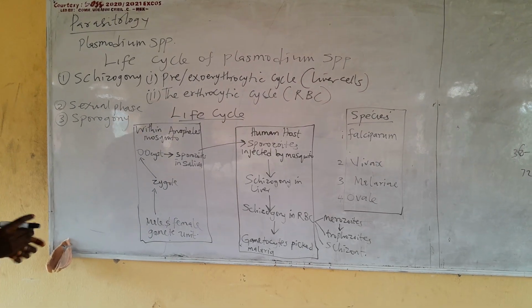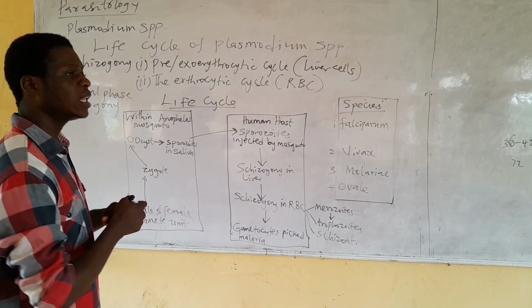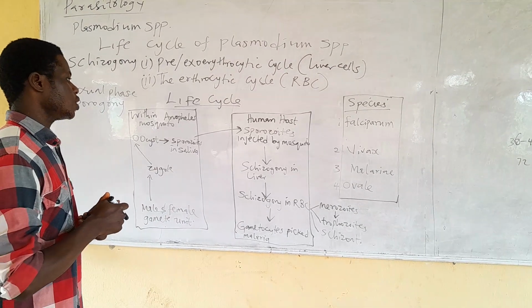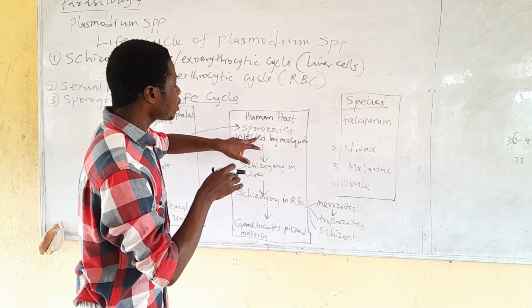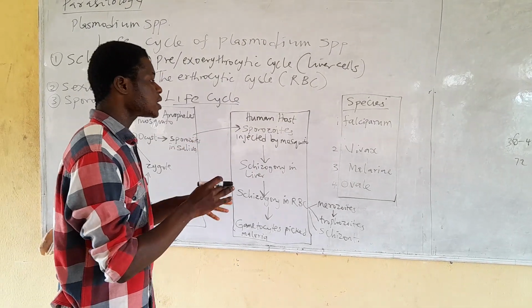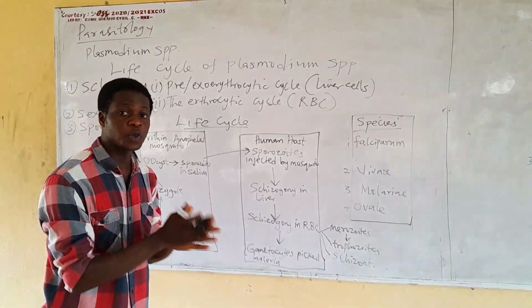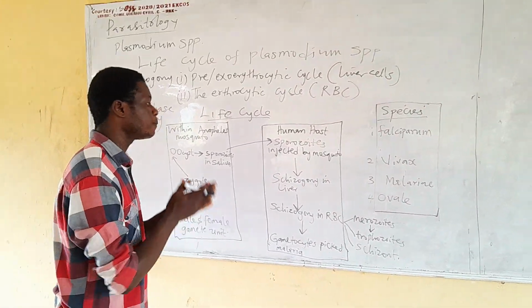Let's start with the human host, that is, when it is injected into the human skin. Like I said earlier, the sporozoite is the infective stage of Plasmodium species.